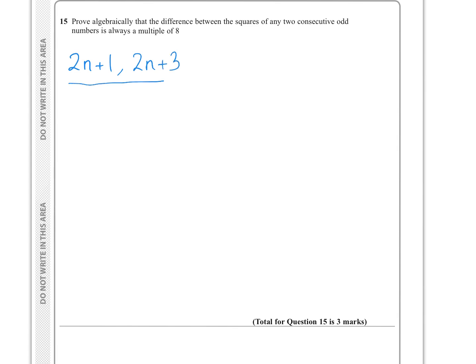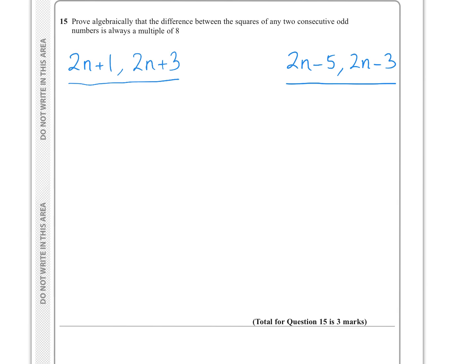I'll prove it for these two, which is by far enough, but for those that want to learn a little bit more, I'll do another case as well just to show that it works, and I'll choose 2n minus 5 and 2n minus 3, for example. So if you don't want to watch it all the way through, just skip forward.